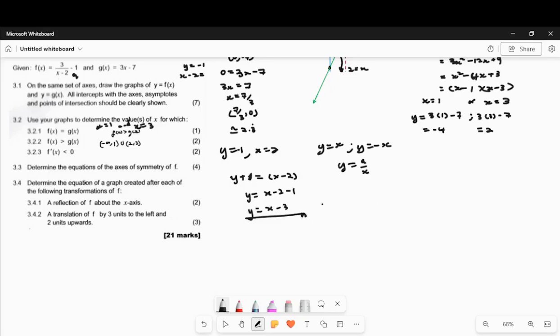For the other one, which has a negative gradient, we'll say y plus 1, same thing. However, this time we want a negative gradient, so negative of x minus 2. So we'll have negative x plus 2, then minus 1, giving y equals negative x plus 1.